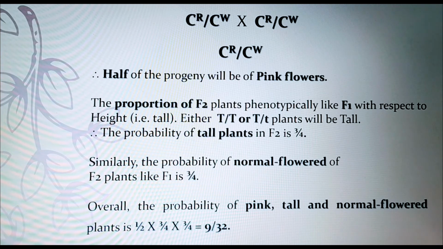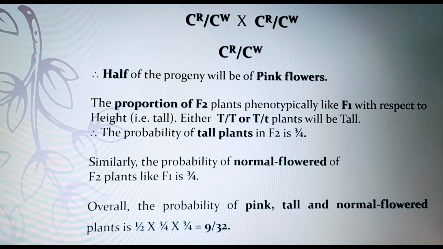So the probability of pink, tall and normal flowers is 1/2 times 3/4 times 3/4, which is equal to 9/32. So this is the proportion of F2 progeny that resembles the F1 in appearance. That's how we can solve non-Mendelian genetics problems.